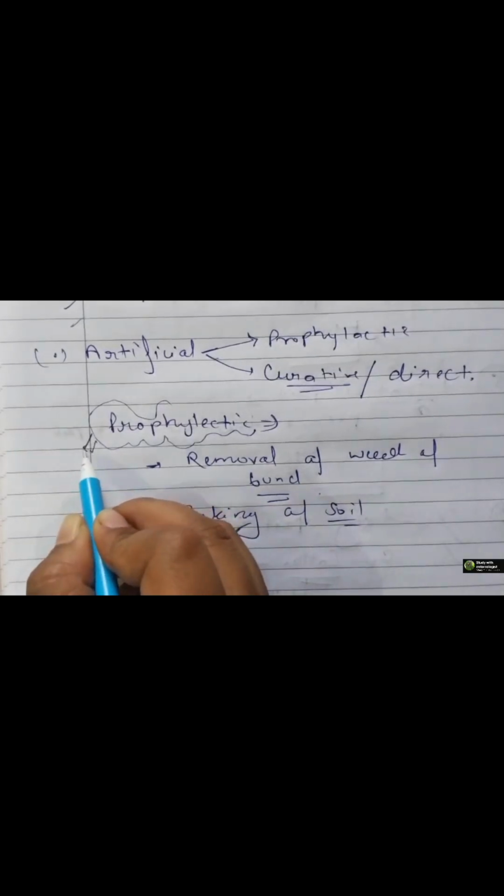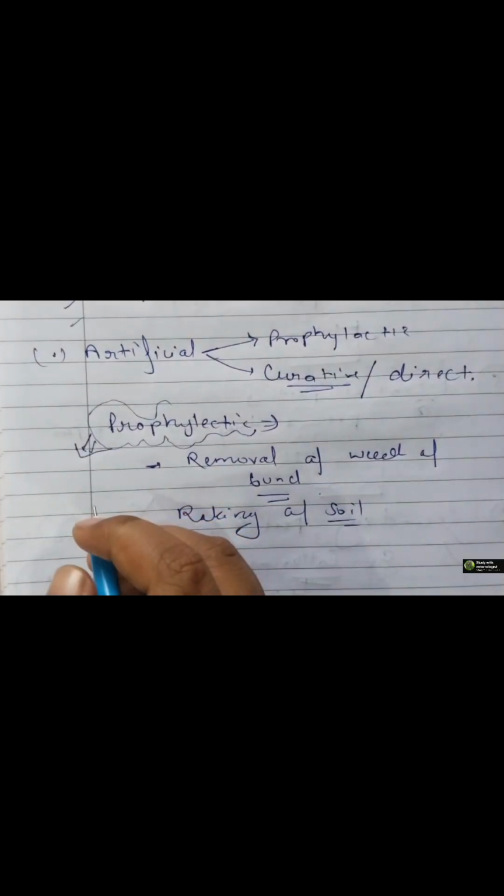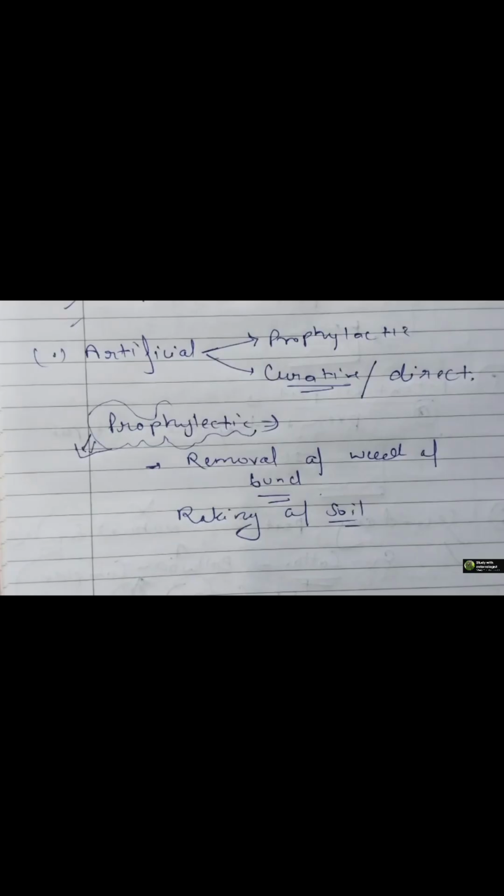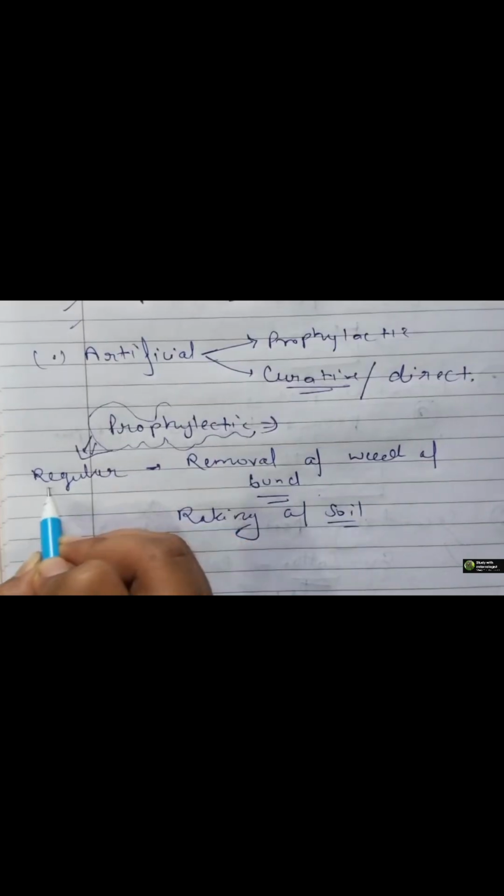That also comes under the prophylactic method, because until the pest is there, we know that it will come. That's why one important conceptual question they can ask is in which category of pest the prophylactic methods are most effective. We can say those pests which are regular for that area.